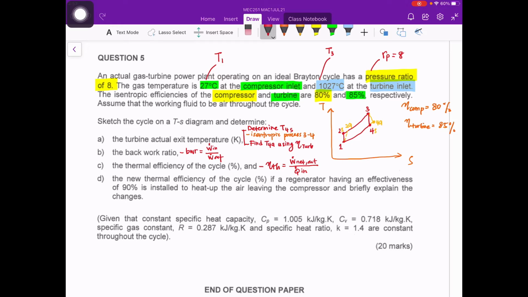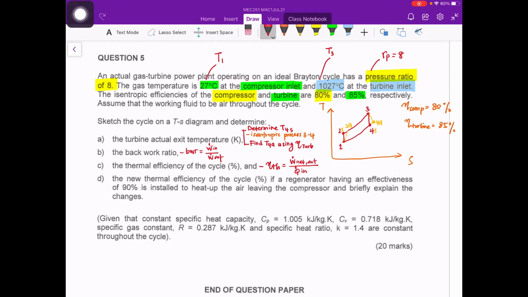We know that thermal efficiency is given by the desired output divided by the required input. For the gas power cycle, Brayton cycle, the thermal efficiency is equal to the net power output divided by the heat transfer rate input. These two terms can be expressed from the steady flow energy equation.